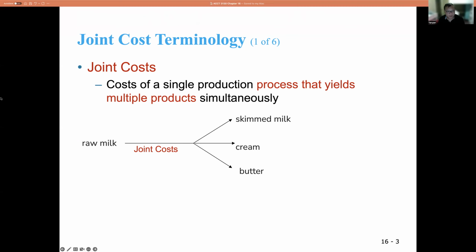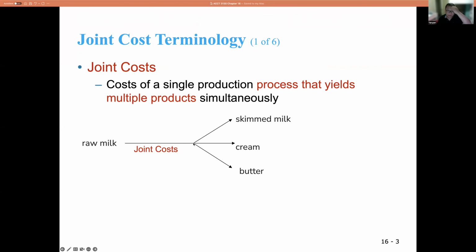Okay, so in this picture, you have this raw milk. When you're skimming the raw milk, there are costs, right? You are using machines, using labor. So those costs, when you work on the raw milk, and it comes to a point that you have multiple products, skimmed milk, cream, butter, right?